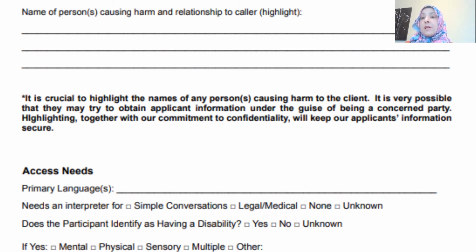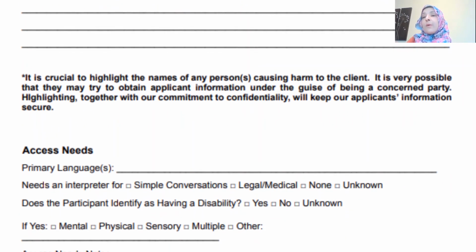So even if somebody is a supporter of our applicant, we are still not able to confirm or deny whether they're working with us. Okay. And if there are ever any doubts or questions around safety or confidentiality about an applicant's situation, please do reach out to one of the NSL team.